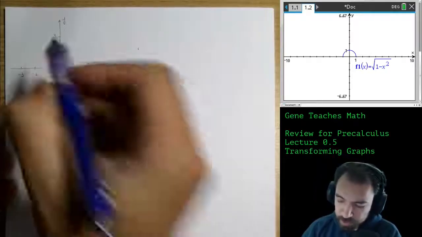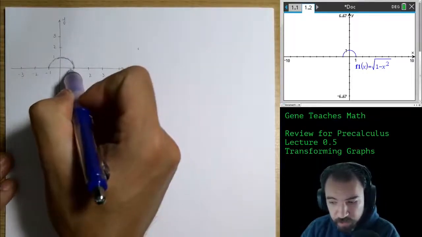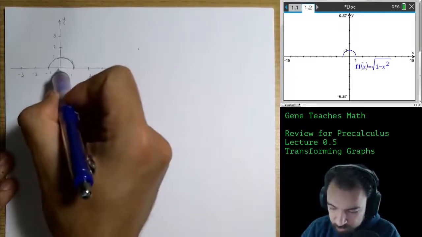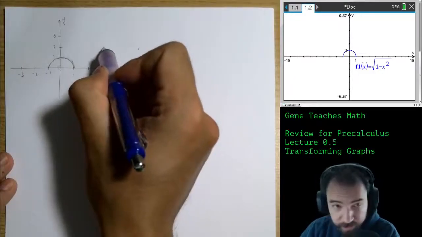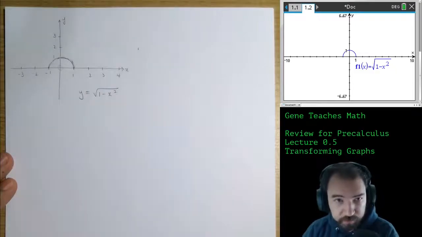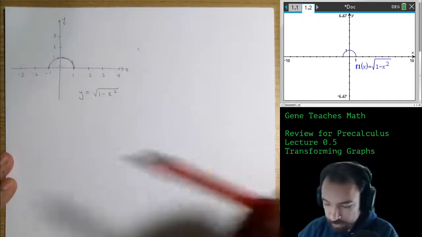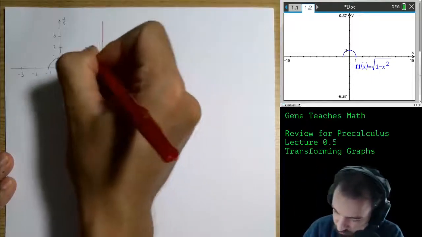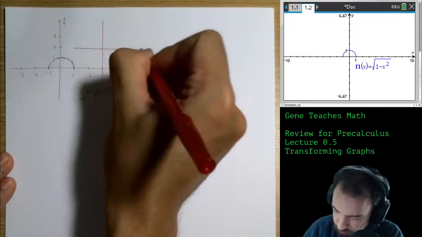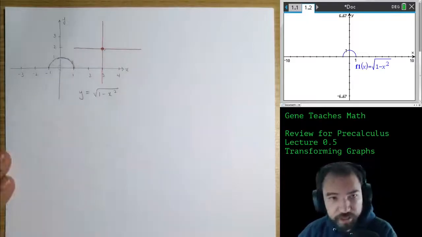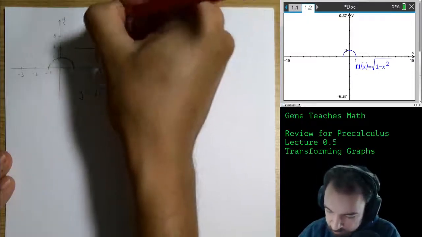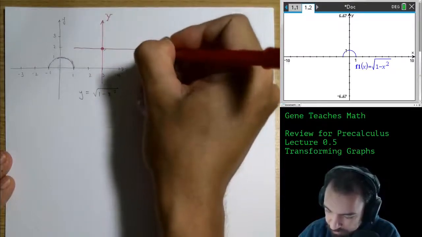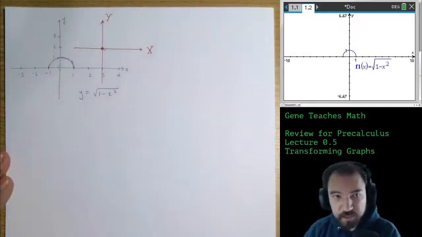So let's imagine I want to take this graph, and I want to move it to the right 3 and up 2. So I want this point to end up right there, and then everything to be relative to that. So that phrasing makes me think I want to construct a brand new coordinate system with its origin right there. And I'm going to label this coordinate system with capital Y and capital X instead of lowercase x and y to distinguish them.